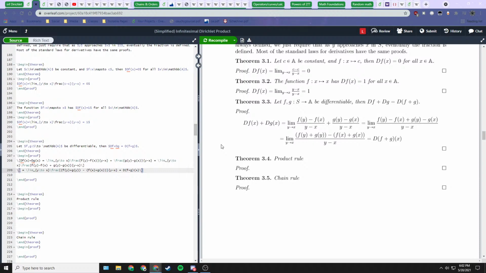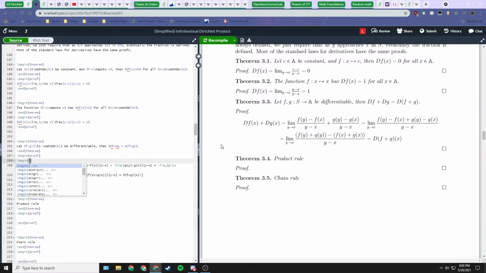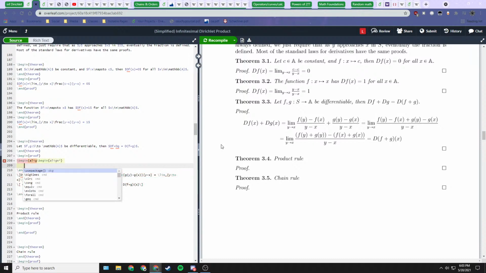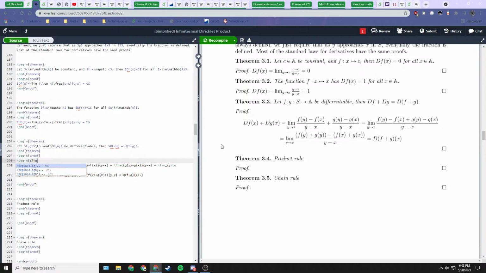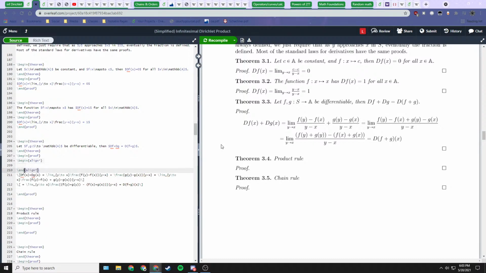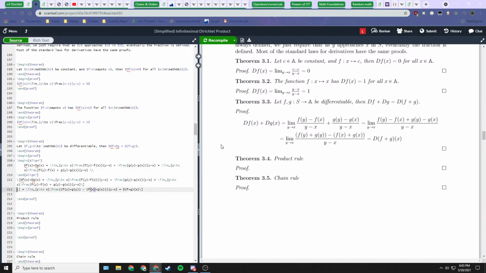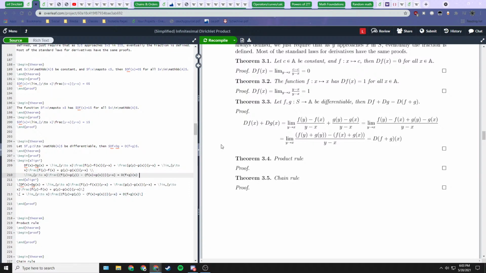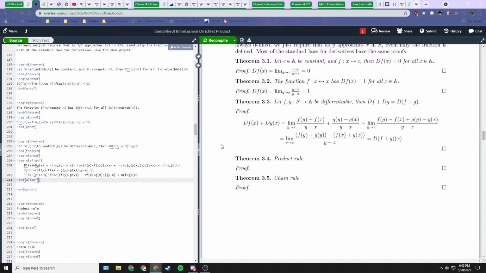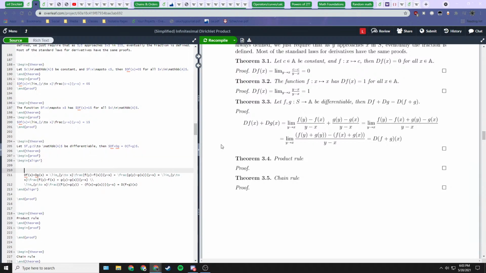So this is pretty standard as well. Let me just reformat to make this a little prettier. We can also do this in reverse order. I think it might flow a little better.